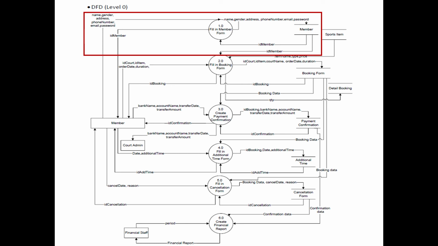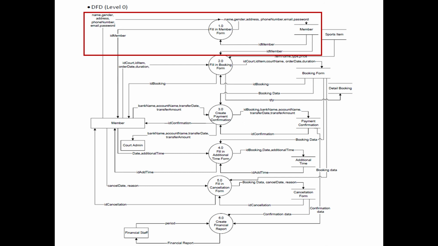I am going to explain process 1 in this data flow diagram. We can see the member gives information as an input data flow to the process. That information will be sent into the database to be stored. Then, what does the user get back? The user will get back the output data flow, the same as the information that the user input before. Now, look at the member data store.